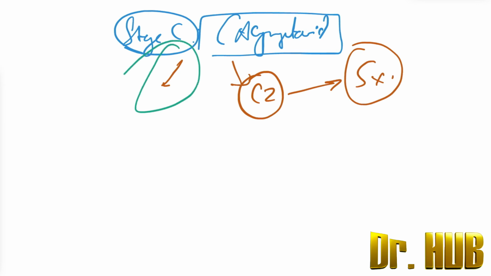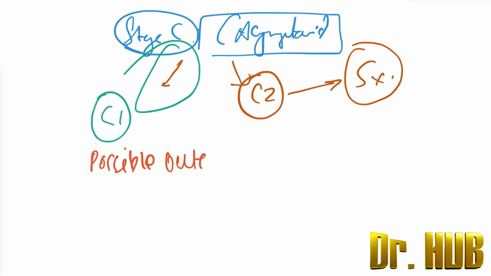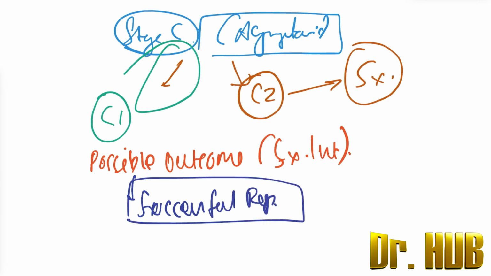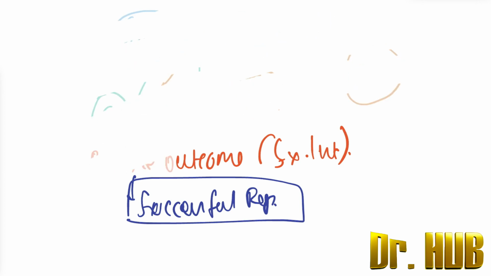Now moving on to type C, we are mainly focusing on type C1. Type C1 means the possible outcomes of surgical intervention are evaluated, and whether a successful repair is possible.